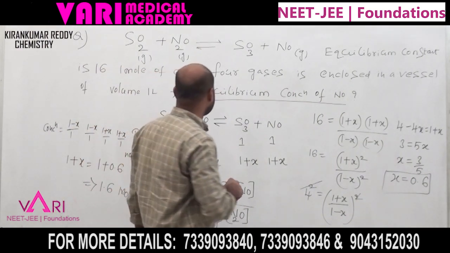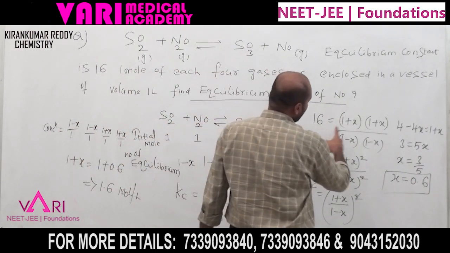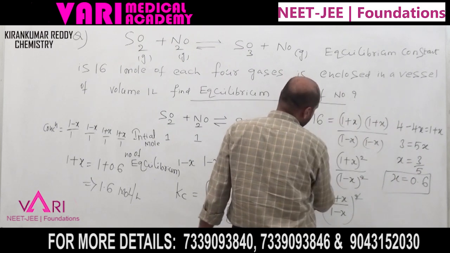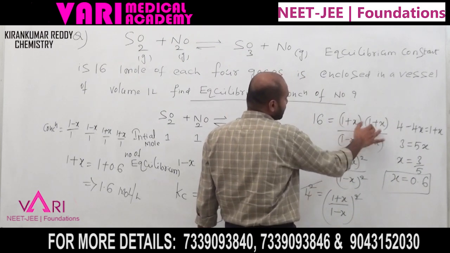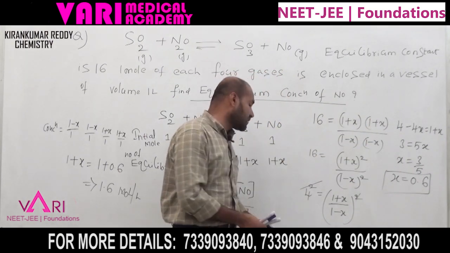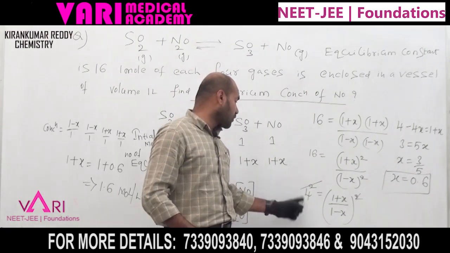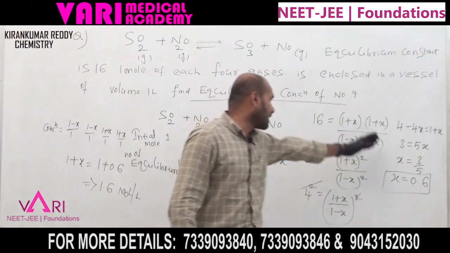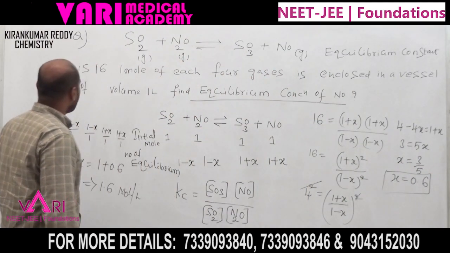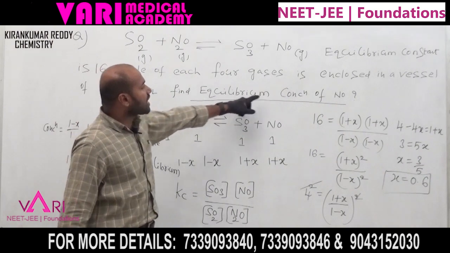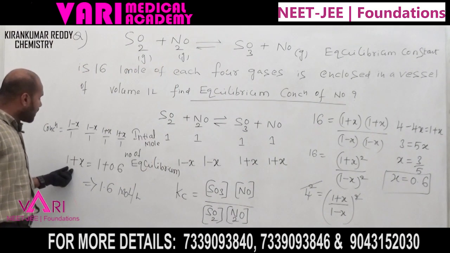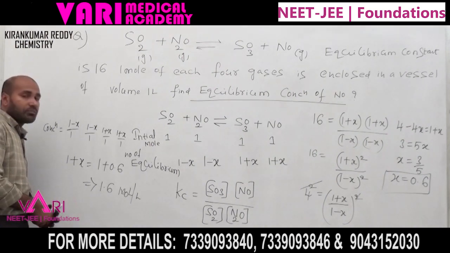Kc value 16 equals 1 plus x whole square by 1 minus x whole square. 16 is 4 power 2. After calculation, x is equal to 0.6. Now what do you have to find out? The equilibrium concentration of NO, which is 1 plus x, so the answer is 1.6.